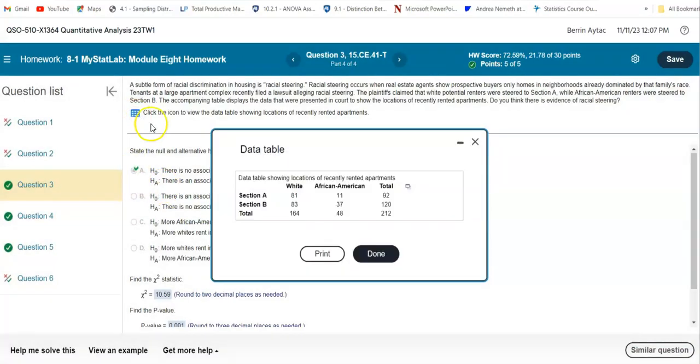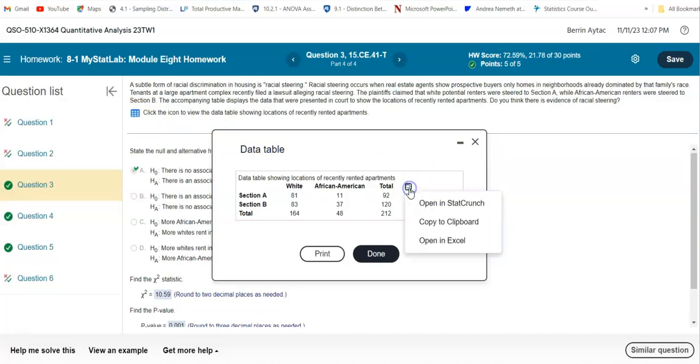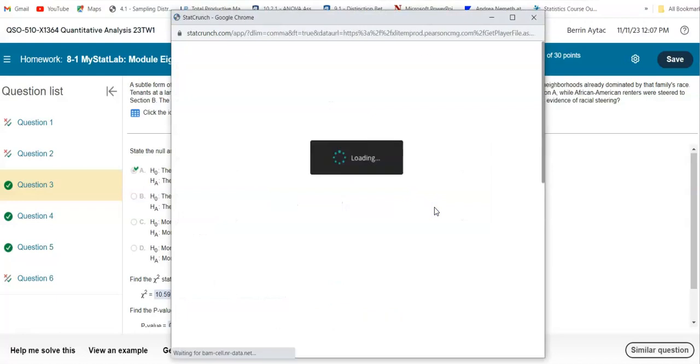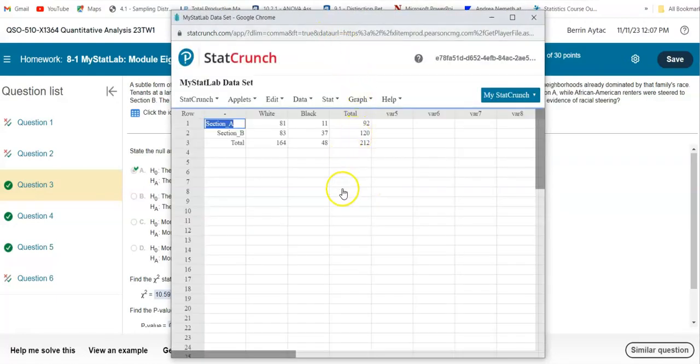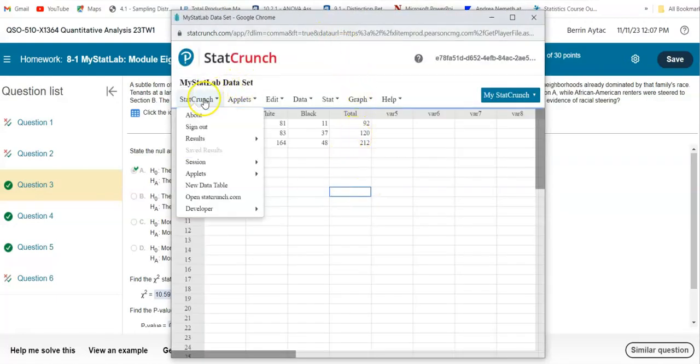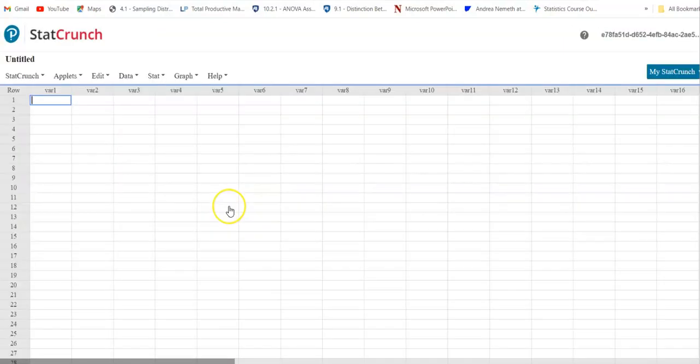You open it, click this box, and say open the data in StatCrunch. It directs you to StatCrunch. Now we are in StatCrunch, and we open a new data table.